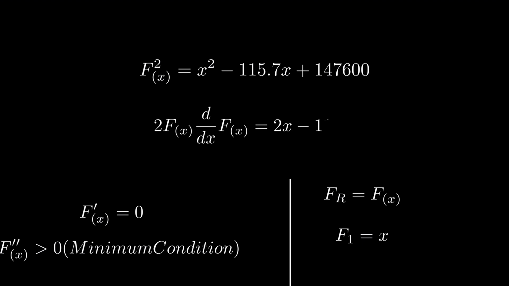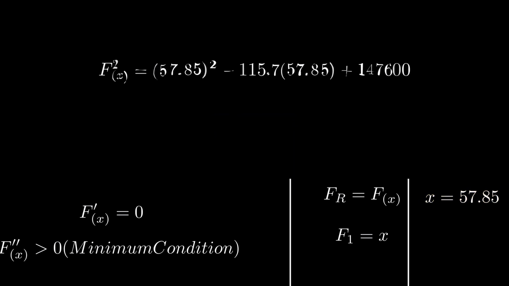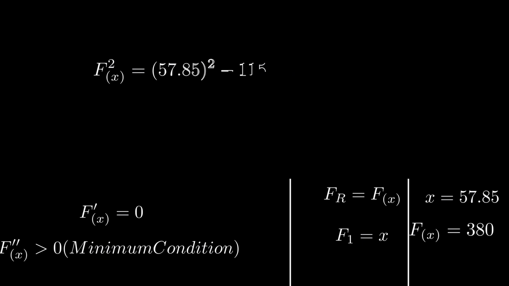After equating the first derivative to 0, we can find the value of x, and by putting this value of x in the main equation, we can find the function. But always remember, the function is nothing but our resultant vector and x is F1.